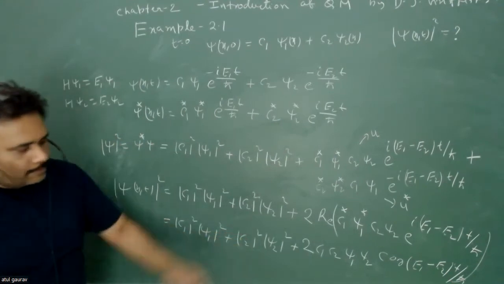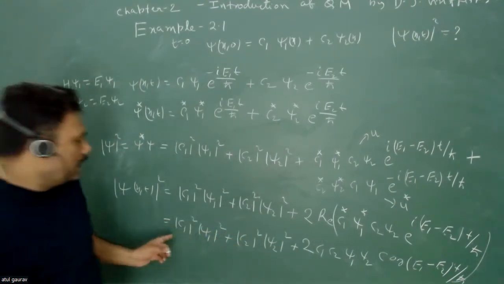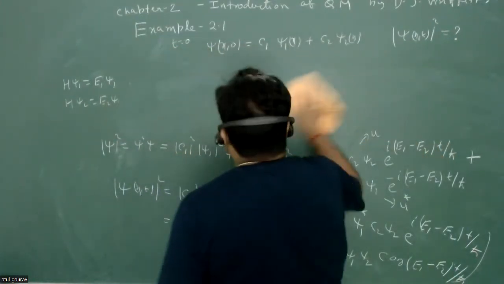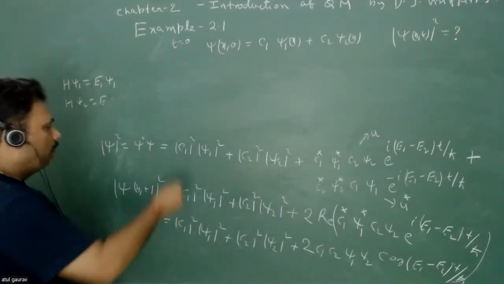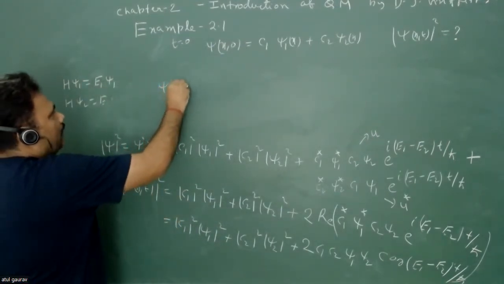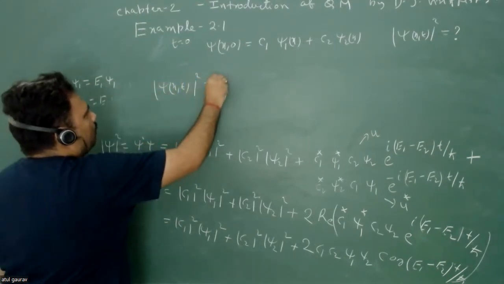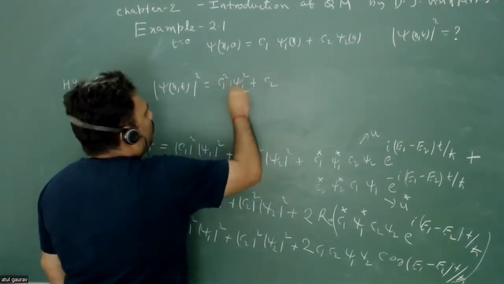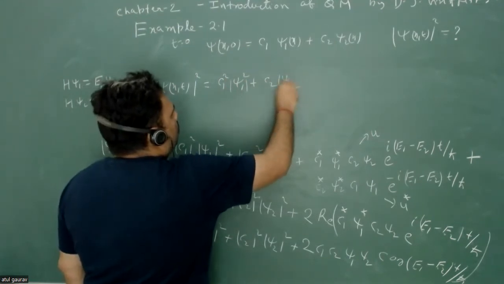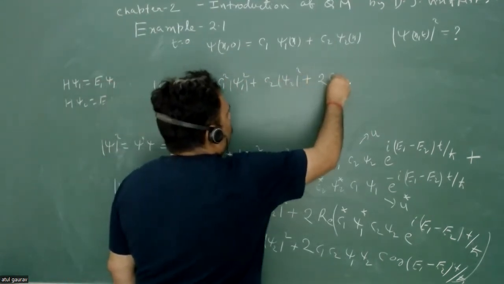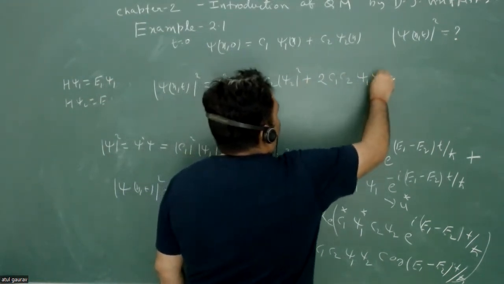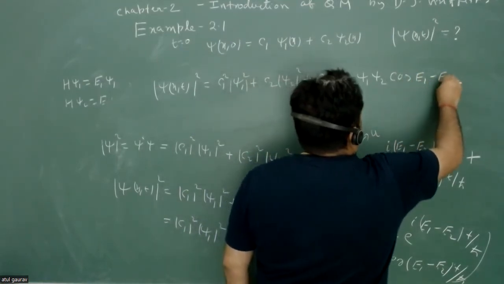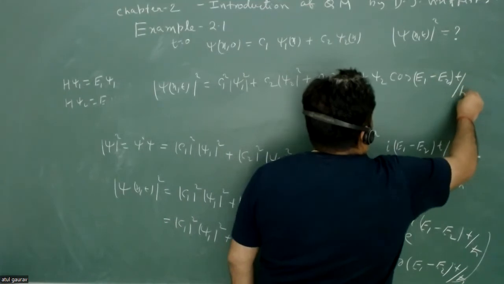So whatever the final expression is, we can write mod C1 squared as C1 squared. So the final form of the answer is: mod psi(x,t) squared is equal to C1 squared psi1 squared plus C2 squared psi2 squared plus 2 times C1 C2 psi1 psi2 cos (E1 minus E2) t upon h cut.